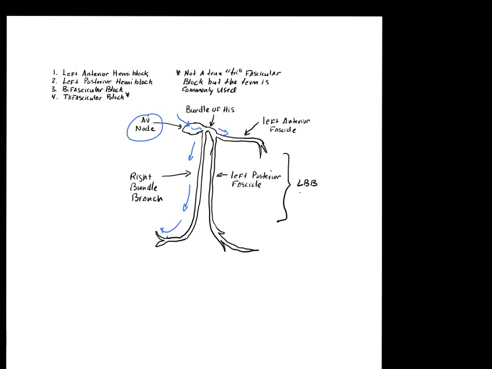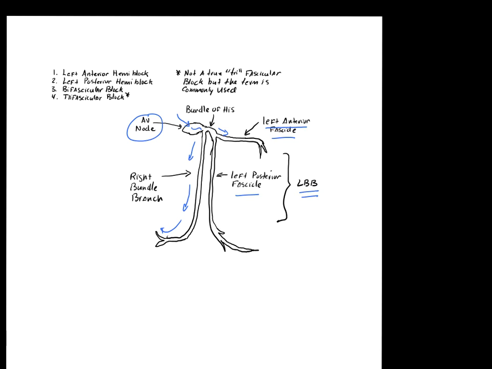However, the left bundle branch, very early on, upon leaving the bundle of His, bifurcates into two major what we call fascicles. You have the left anterior fascicle. So this is the part of the left bundle branch that wraps around into the anterior part of the heart.